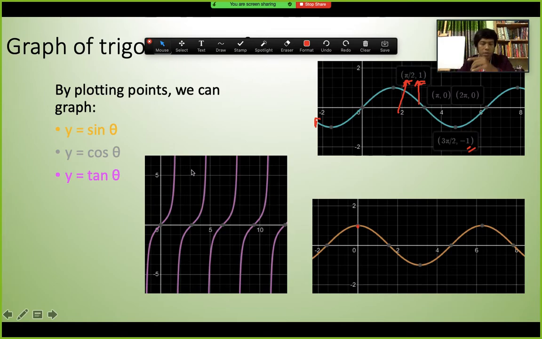Then again it starts, because after 90 degree, if you start from 91 degree, 92 degree, then the graph again starts giving some value. So this is what happens for sine theta, cos theta, and tan theta in terms of their graphs. These graphs help us visualize the domain and range.